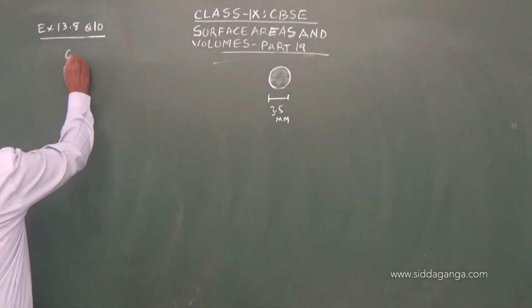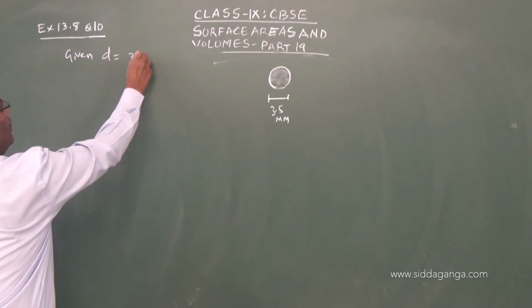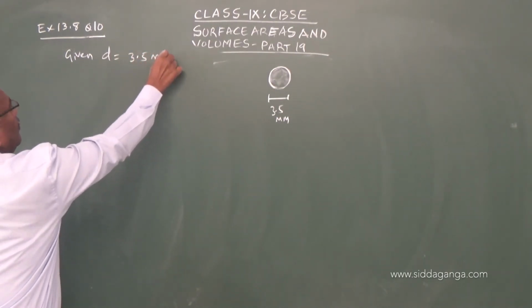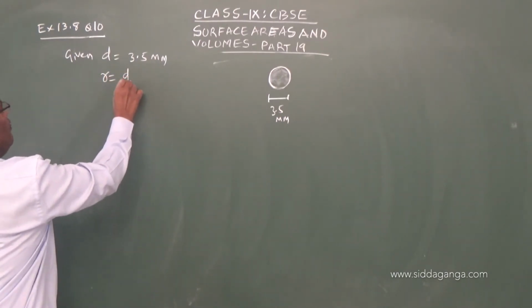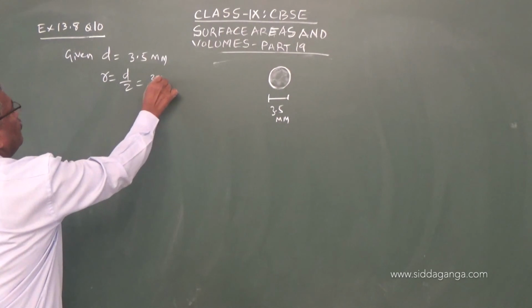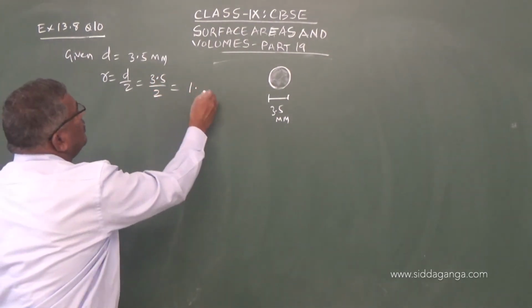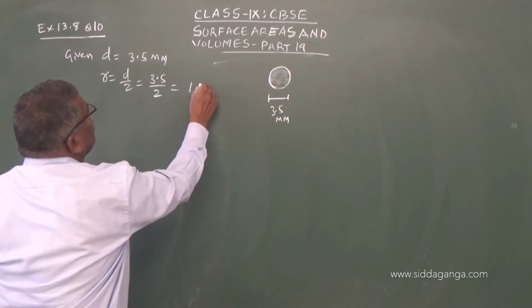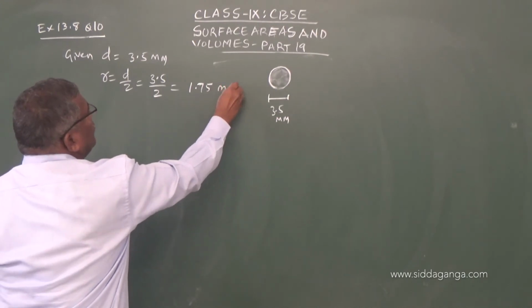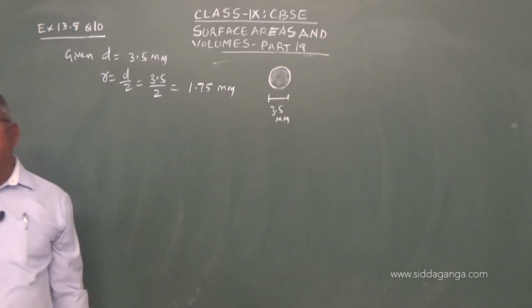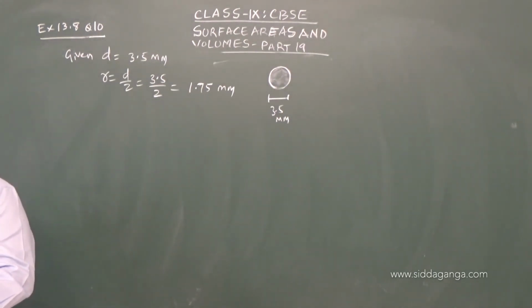So given diameter is equal to 3.5 millimeter, so therefore R will be equal to D by 2 is equal to 3.5 by 2, so 1.75 millimeter. So that is the radius.